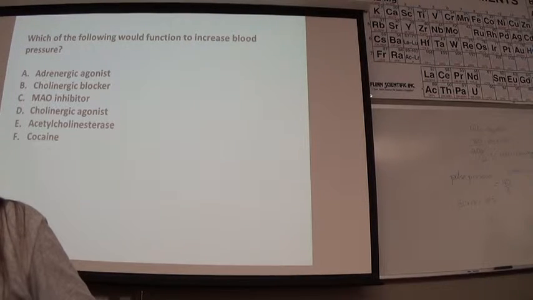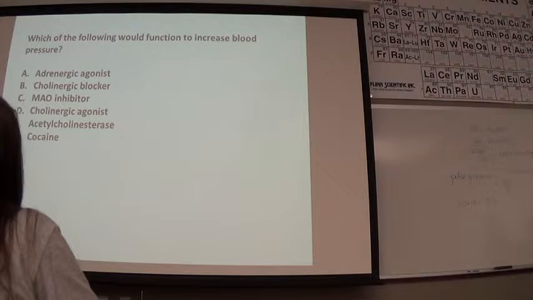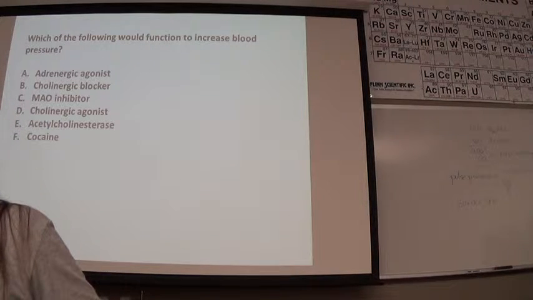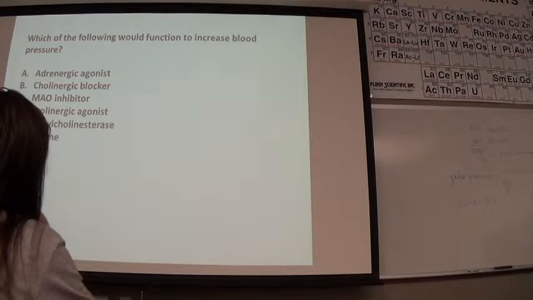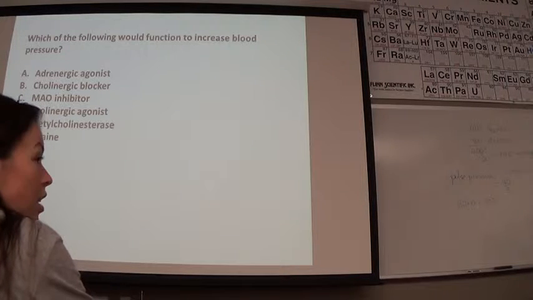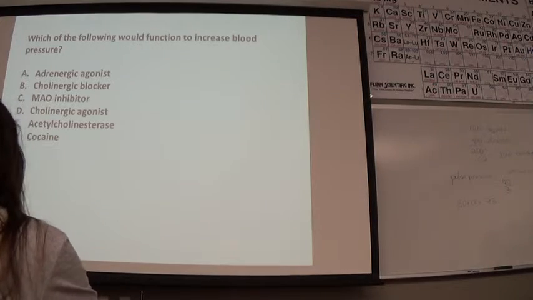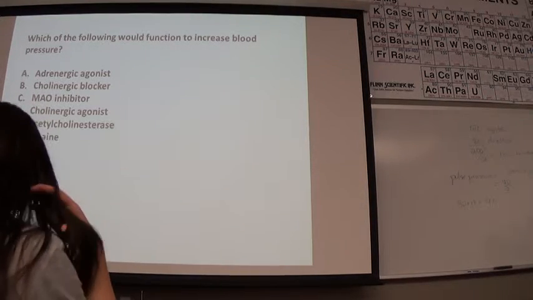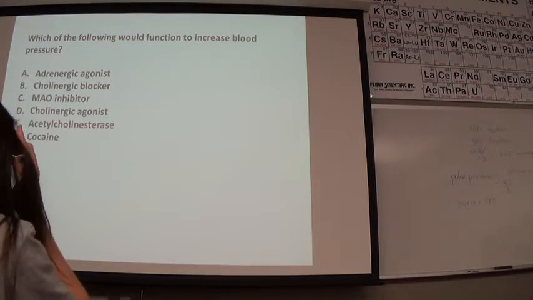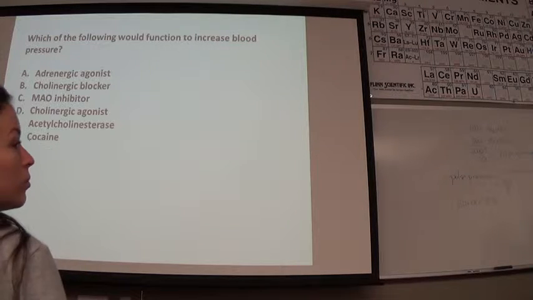All right, which of the following would function to increase blood pressure? Here are these terms again. So an adrenergic agonist is going to do what? Stimulate the adrenal system. So it's going to act just like norepinephrine. It's going to bind to the same receptor, almost like a sympathomimetic, the beta-1 receptor on the heart.